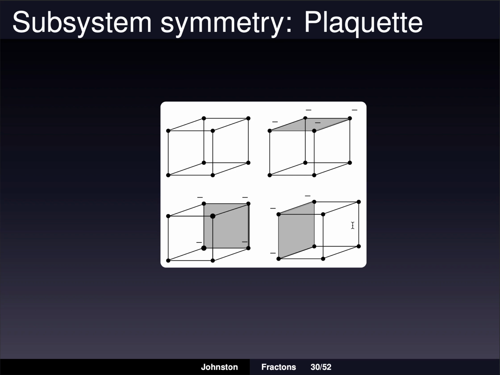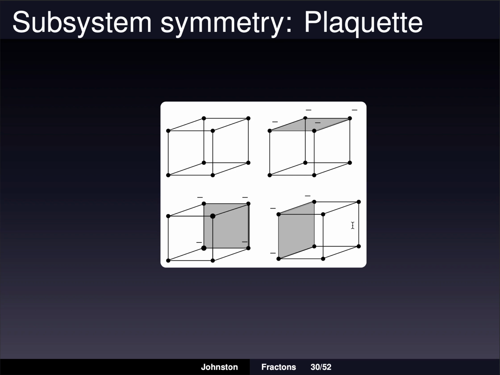So you can flip an entire plane of spins running through the lattice in any direction, even when these planes of spins interact with each other. And that doesn't change the energy of the system. So what that means is that the ground state of the Plaquette Ising model is exponentially degenerate.